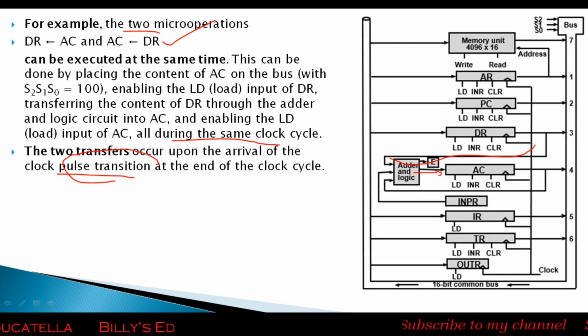So after the data is transferred between the data register and the accumulator, at the end of that operation there will be a clock pulse transition that shows the operation is completed. I think you understood the whole concept of the 16-bit common bus, where registers transfer data from one register to the other and perform the logical and arithmetic micro operations.